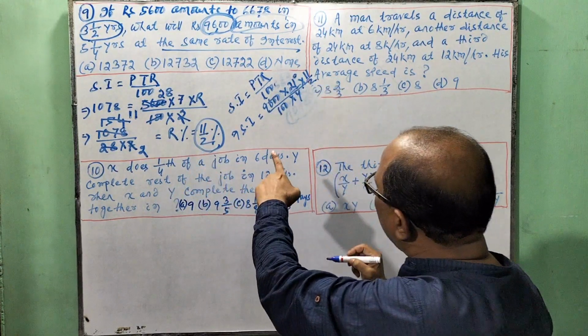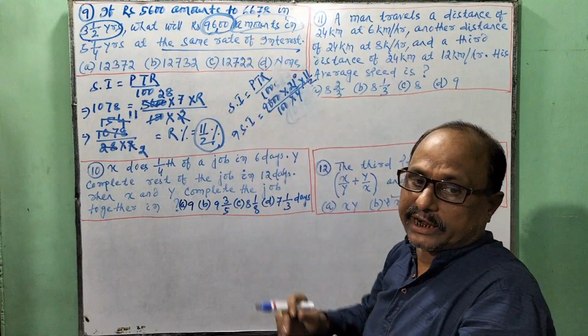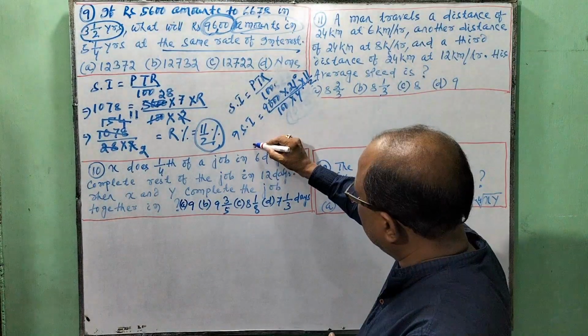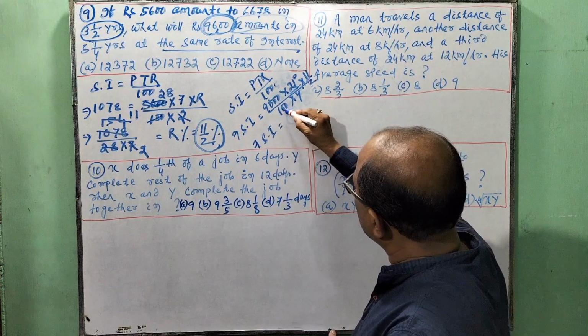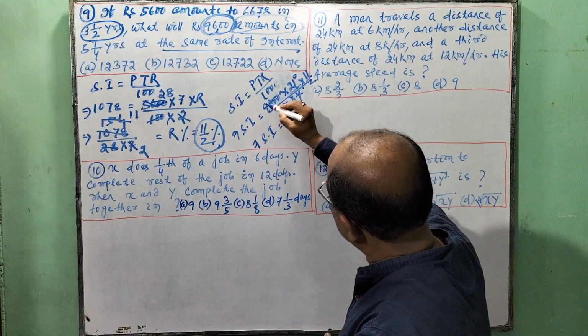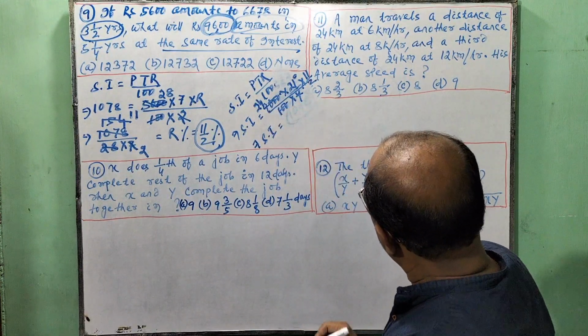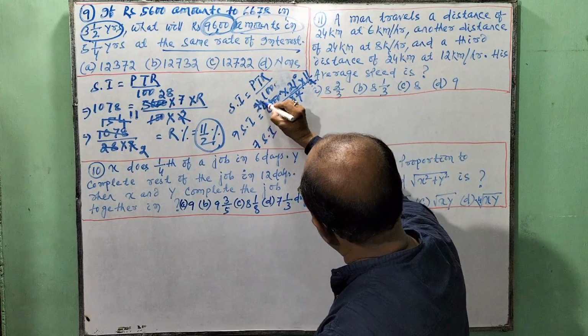So this is the simple interest on 9,600 rupees. Cancelling 4, this is 24, and 2 is here, 12.